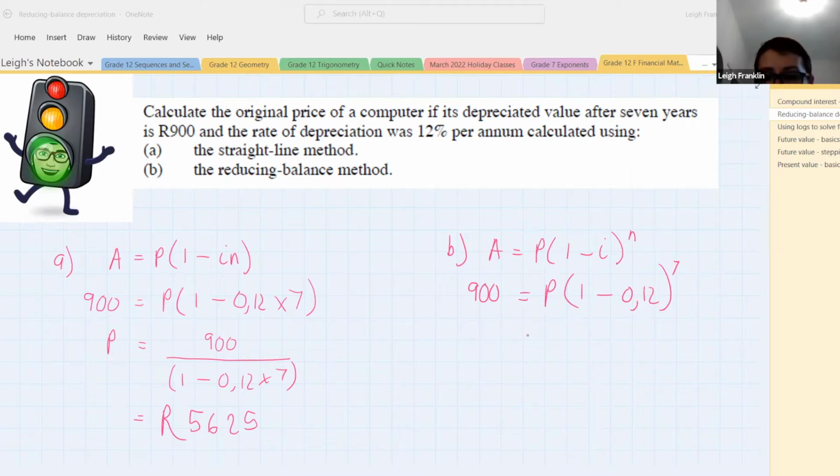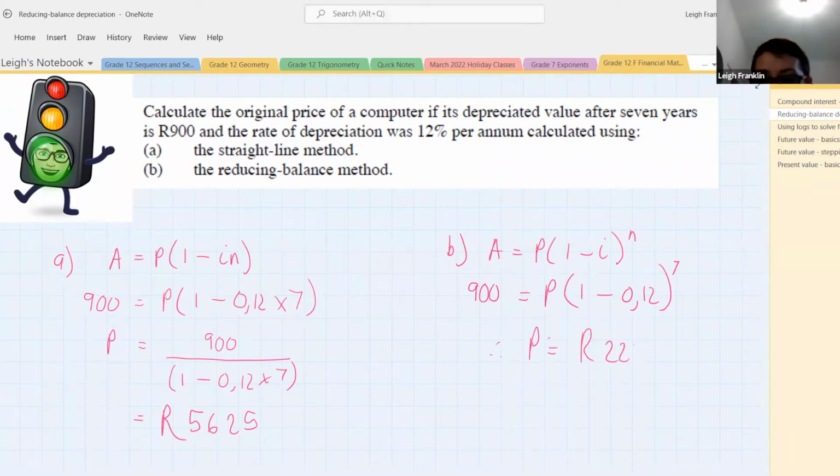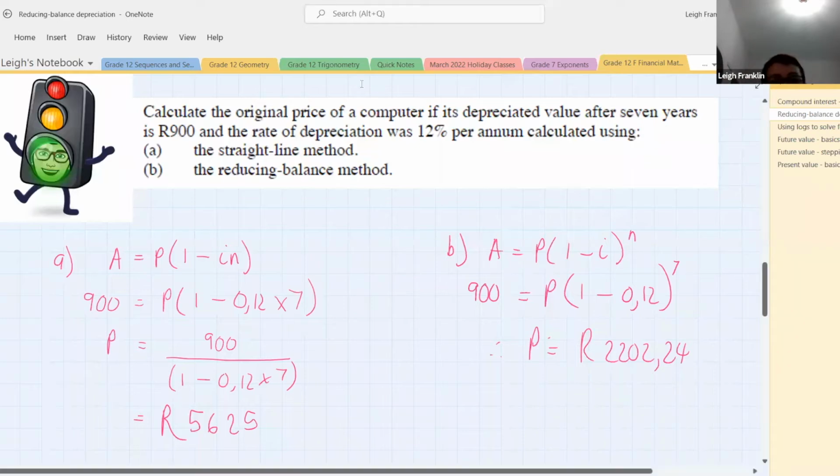Yeah, me too, Andiswa. So here we worked out that P was going to be equal to 2,202 Rand and 24 cents. Can you see how much more steeply it loses value with the reducing balance depreciation as opposed to the linear depreciation? And that's because of it being exponential.